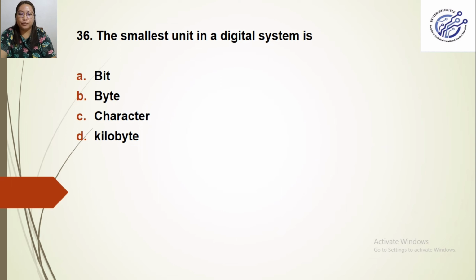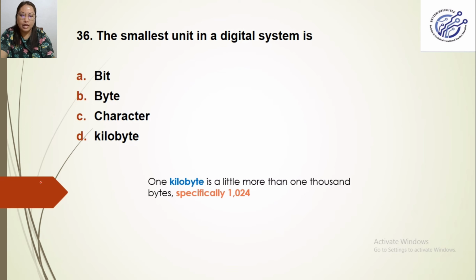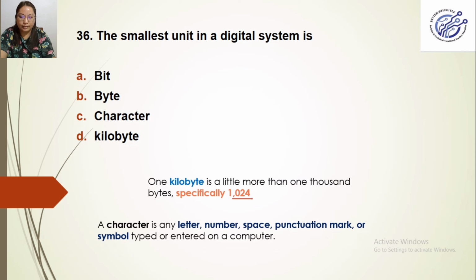Then, the smallest unit in a digital system is A, bit, B, byte, C, character, and D, kilobyte. So, 1 kilobyte is a little more than 1,000 bytes, specifically 1,024 bytes. Then, yung ating character naman po is any letter, number, space, punctuation mark, or symbol na tinatype natin sa ating computer.